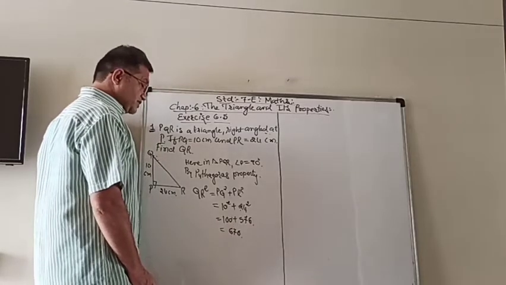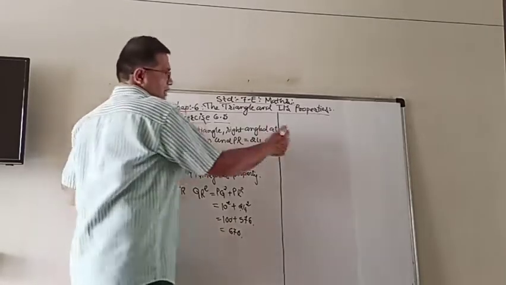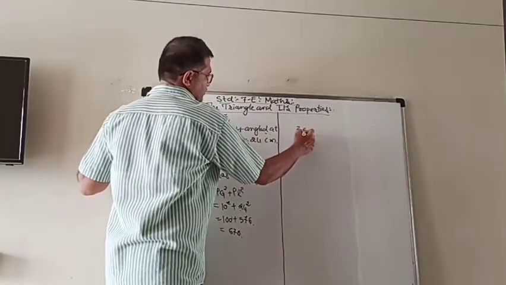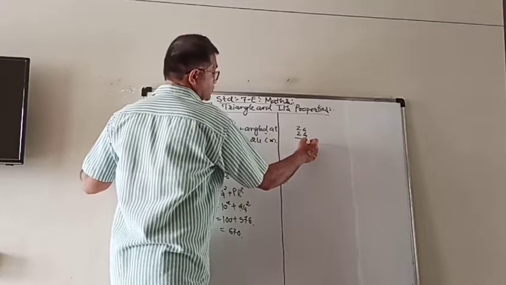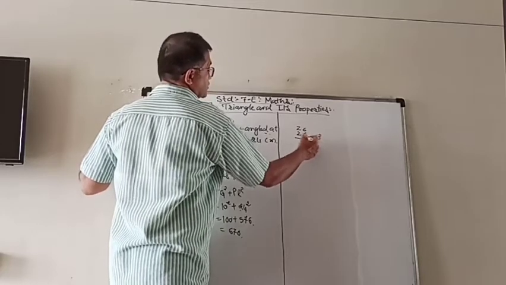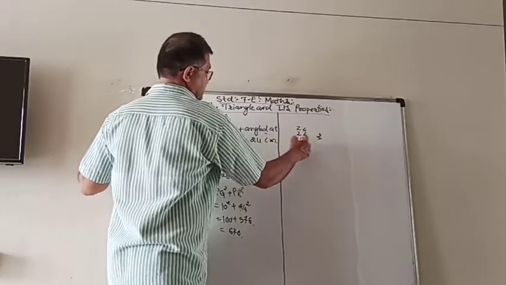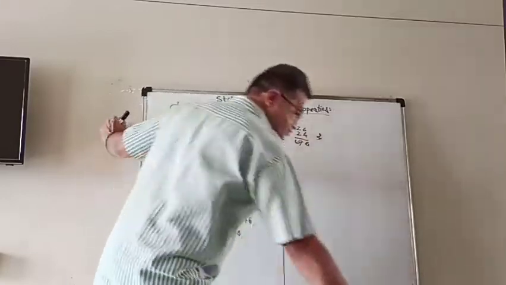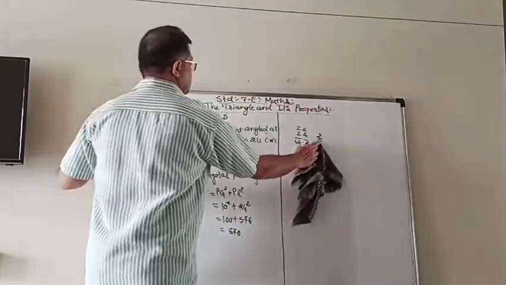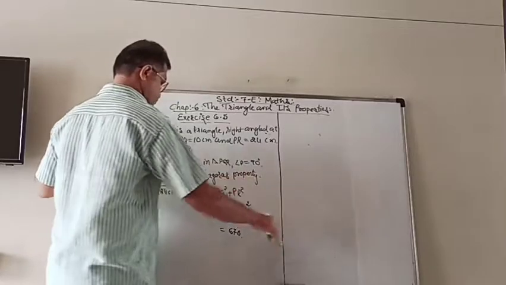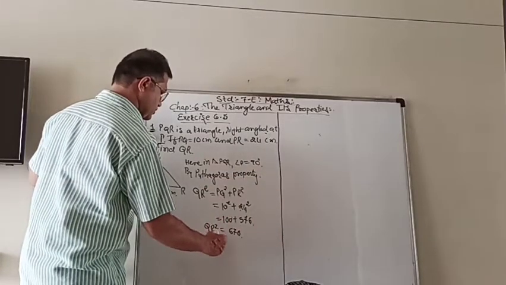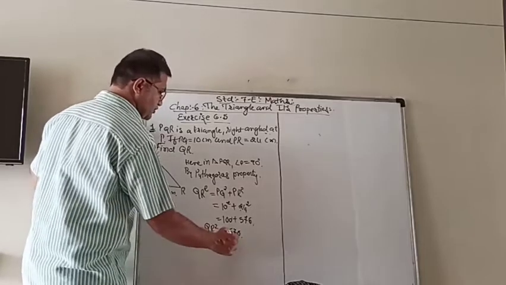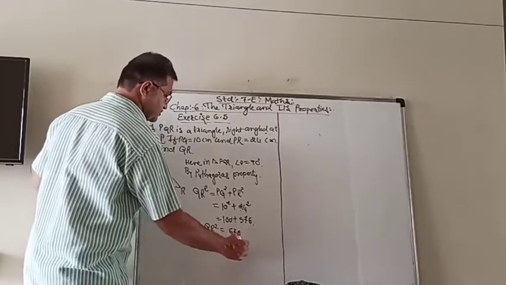And 676 is, I think, the square of 26. Yes, it is the square of 26. So QR square is 676, so QR is equal to 26 centimeter.